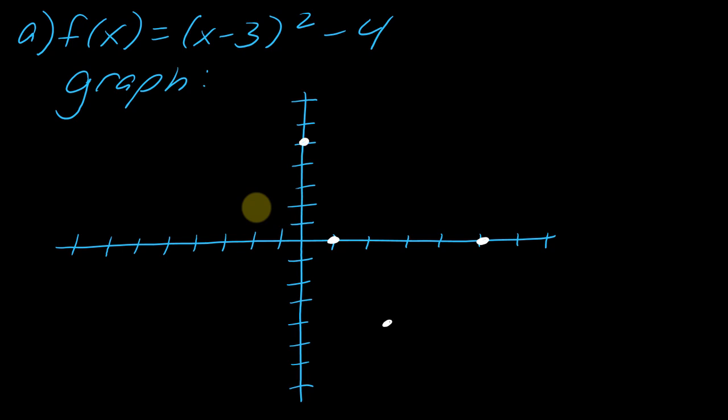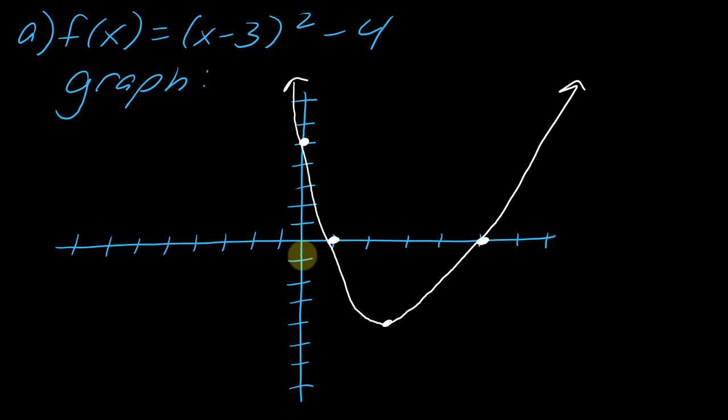I marked a couple of points here just to make this a little more realistic. If you have them and they're easy to graph, that's what you do. Now you can see how the parabola looks, and all the points make sense when we graph them. For instance, if I had a point that ended up somewhere out here, and the rest of these were this way, that would tell me I probably made a mistake somewhere. This is the idea of what we're going to be doing, and I have several more examples of this to walk you through.